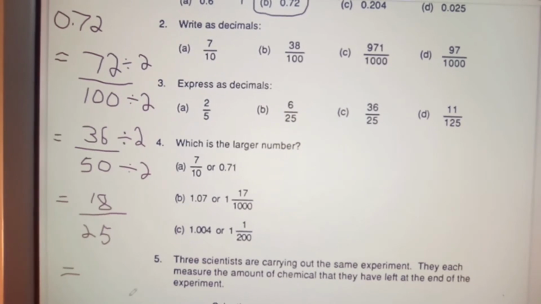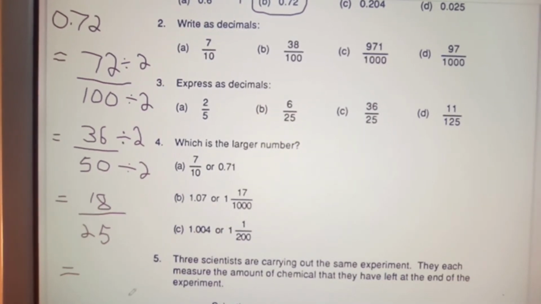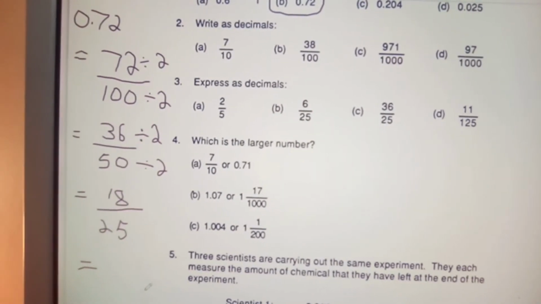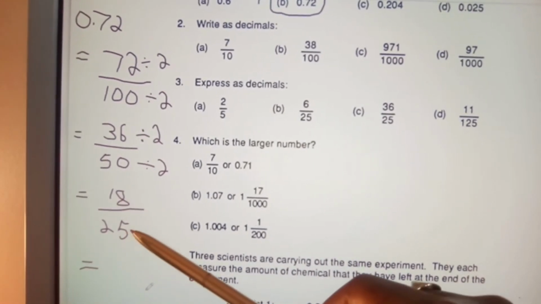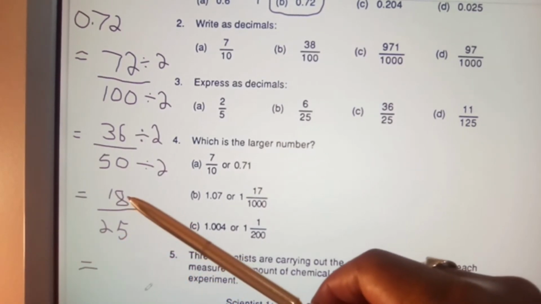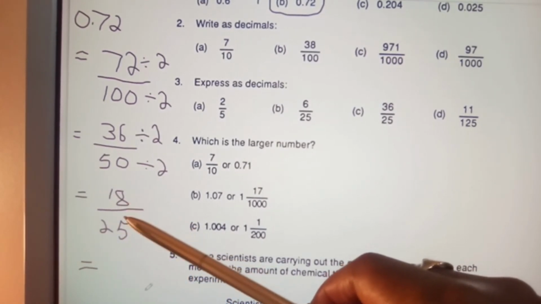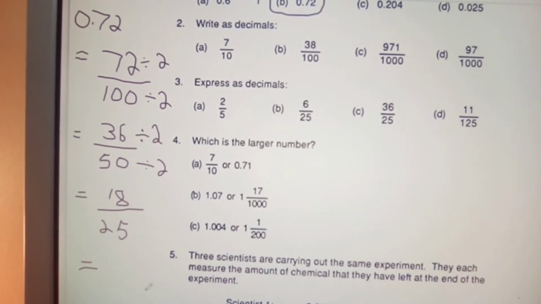So the only number that we have in mind that will divide into 25 is 5. 5 will not go into 18, so we can reasonably say we've come as low as we possibly can.